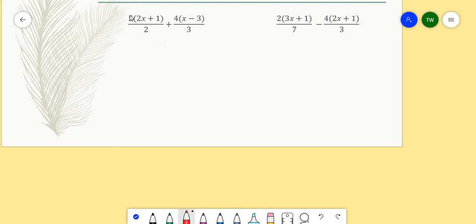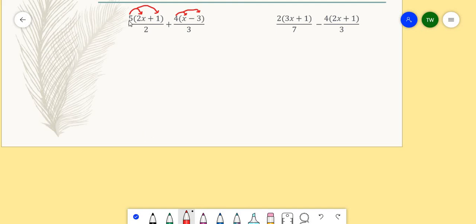So we are going to take this 5 to multiply the 2x, and then we take the 5 to multiply the positive 1. Then we are going to take this 4 to multiply the x, and we're going to take the 4 to multiply -3. All right, so let's do that.